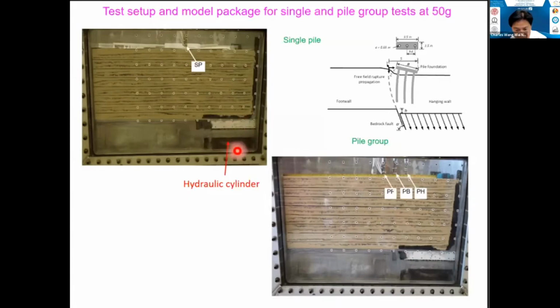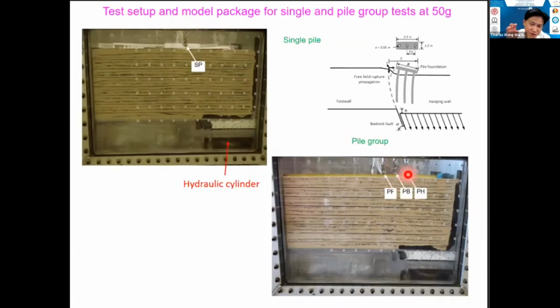During the tests, we created fault movement in 5 stages. For each stage, we present in prototype scale 0.4 meter, 0.8, 1.3, 1.8, and 2.1 in the vertical direction. Before we allow the fault movement to take place, we apply the working load deduced for each single pile and pile group.